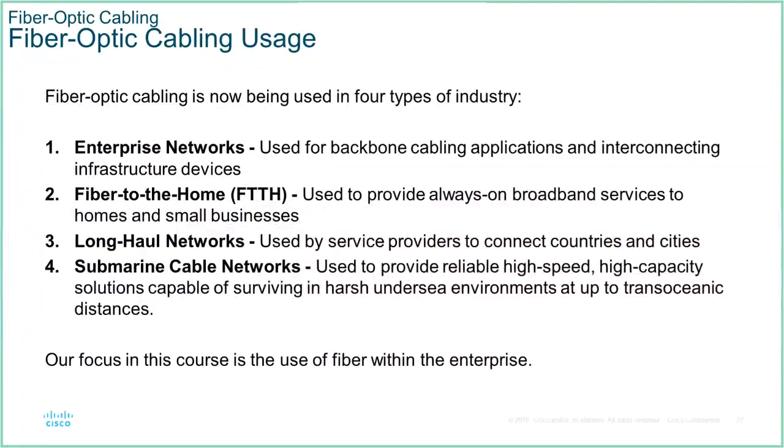Okay, so common cabling usages are long-haul networks and submarine cables. Fibre to the home now is becoming a thing. It's a rip-off, in Australia at least. They bring one fibre strand to the house. What's that mean? It means it's half duplex. You can talk or you can listen.